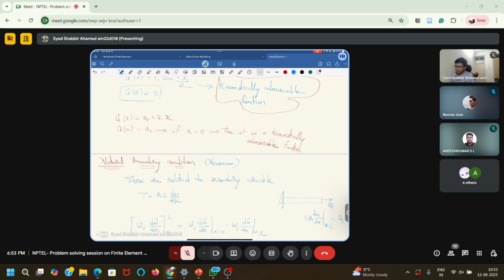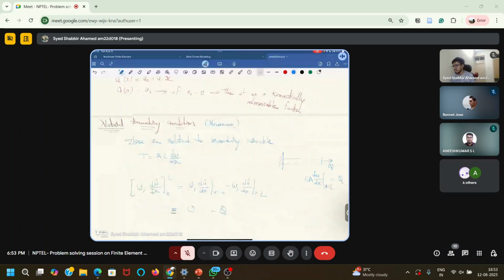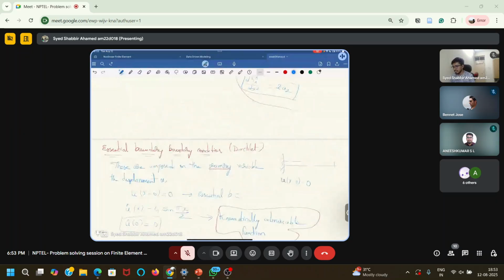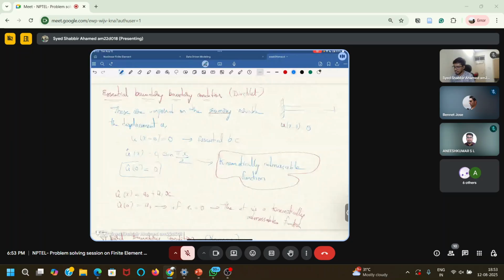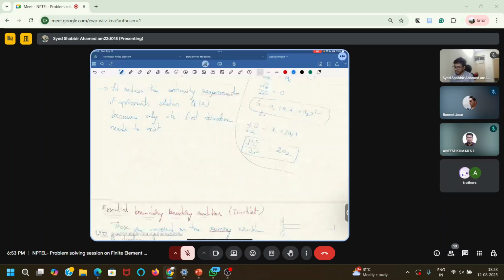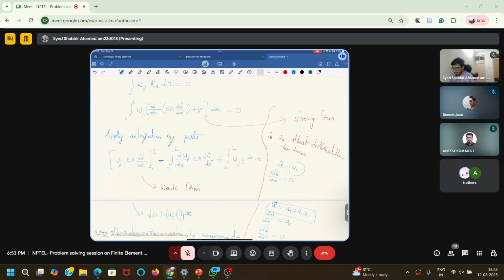So, the method of weighted residuals which we have seen. If you assume this solution and put it in this integration by parts, and assume W also, and do the integration, you will get two equations, and if you solve that you will get C1 and C2.